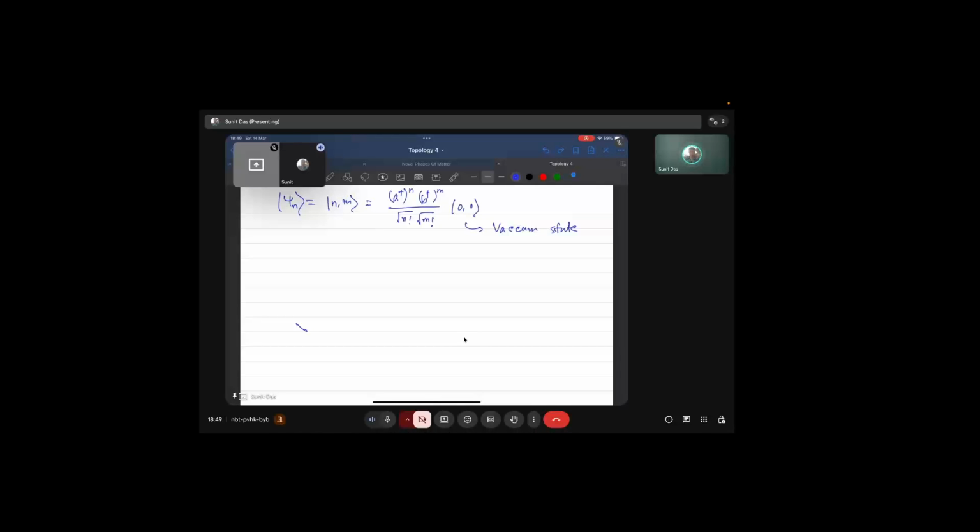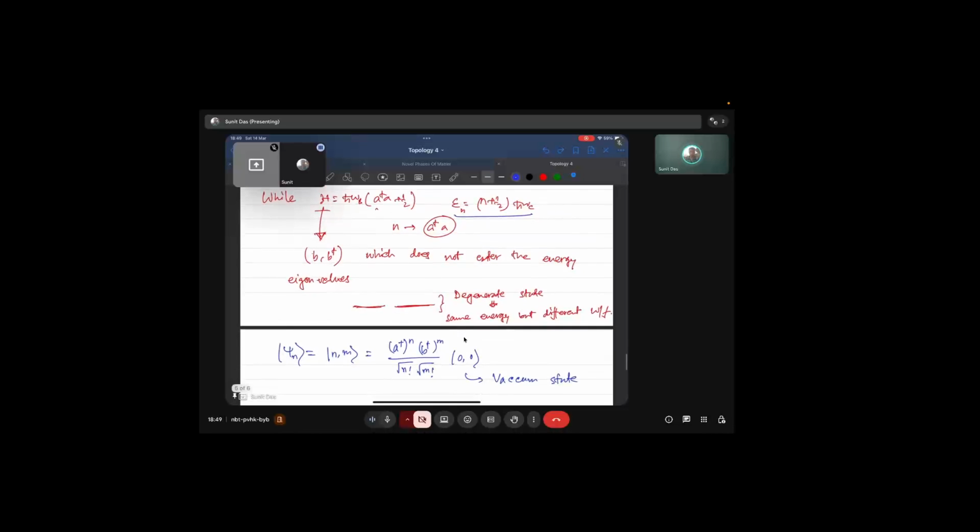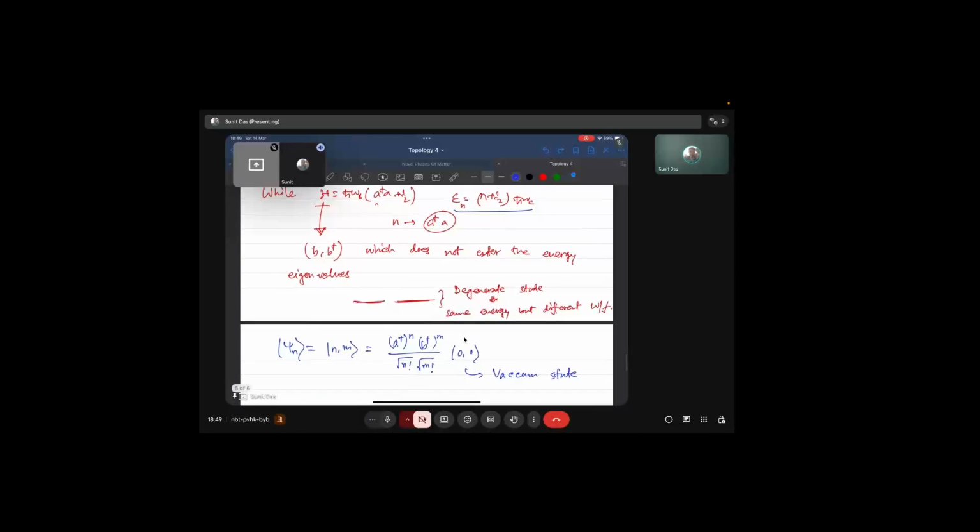So this becomes clear: if you solve for the eigenenergy or eigenfunction of this particular energy level, you see that there are two indices n and m, but m doesn't appear in the eigenenergy. That means we have degenerate states which have the same energy corresponding to different m values, with different wave functions.